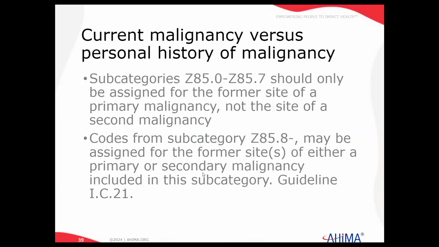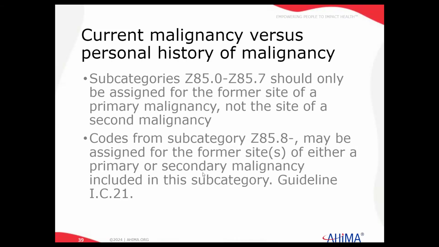Now, the last concept I'd like to discuss with you is current malignancy versus personal history. If you've taken reimbursement, you recall the HCC or Medicare Part C. It is very important to code these correctly because this data will determine whether a medical office and insurance company get reimbursed for active cancer versus a personal history.